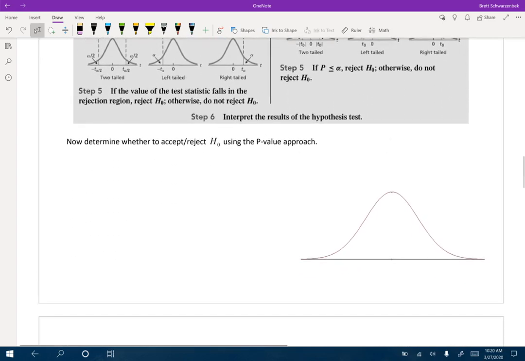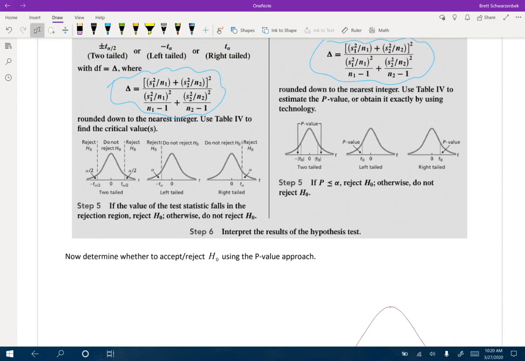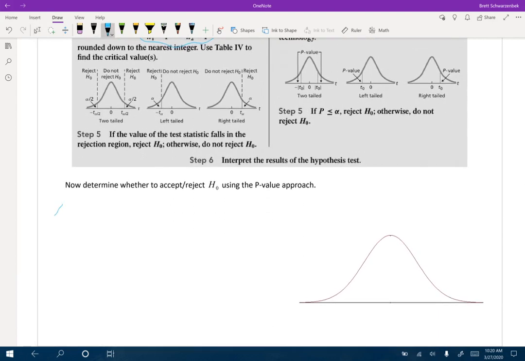So at the bottom here, the first thing we want to do is just figure out what this delta value is going to be. So it's a big calculation, but we'll do it. So I'm going to write out the formula over here. Actually, hold on, it's a little bit massive of a bracket. So we're going to be doing the first variance over the sample size, plus second variance over the sample size, all squared.